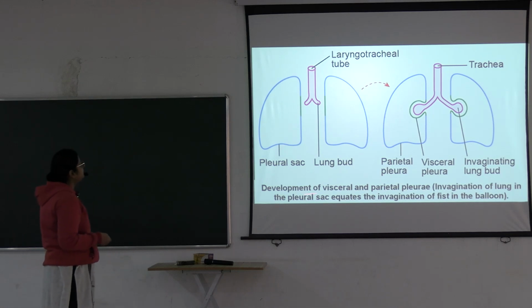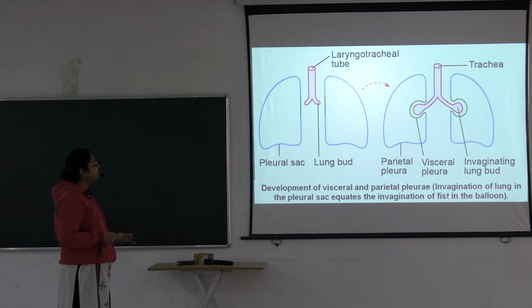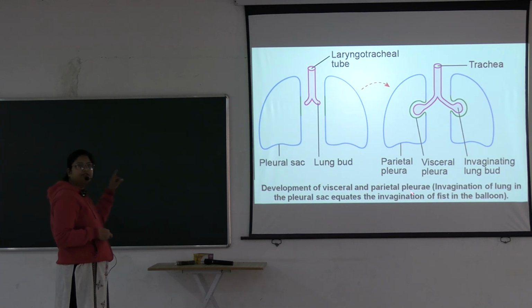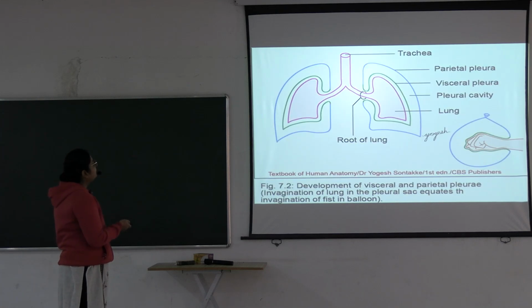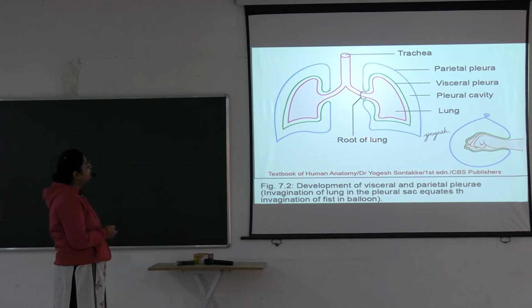So this picture represents the development of visceral and parietal pleura, and invagination of lung in the pleural sac equates the invagination of fist in the balloon in the previous picture. So here complete development of parietal and visceral pleura have occurred.